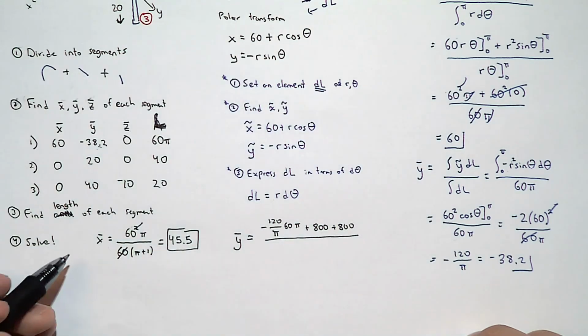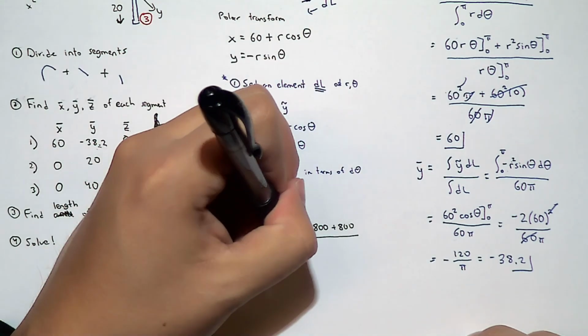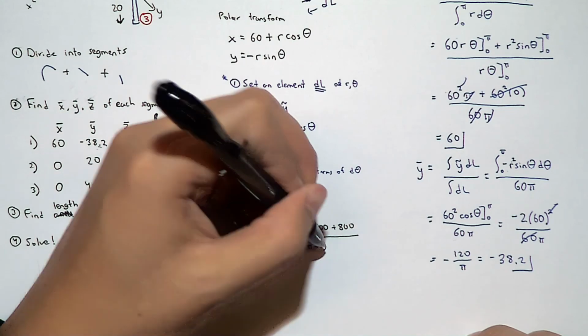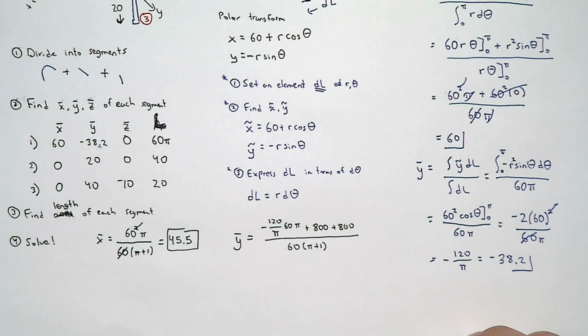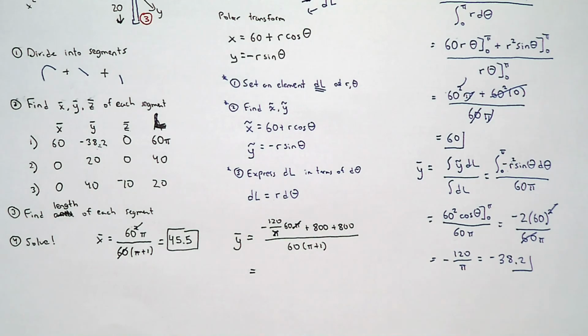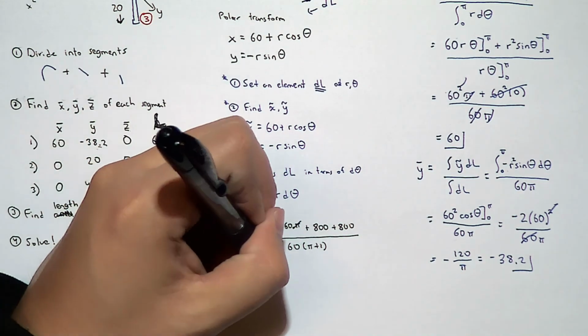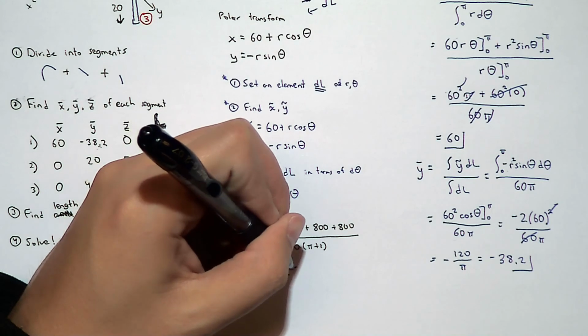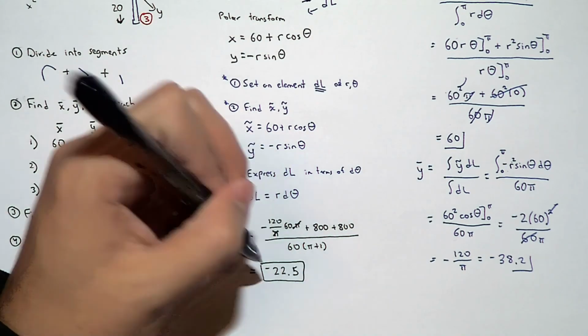Divided by the total length of 60 times pi plus 1. How much does this give us? Let's see, pi's cancel out. Negative 120 times 60, plus 1600, divided by 60 times pi plus 1. Negative 22.5. Is that correct, Thomas? Yes. Okay.